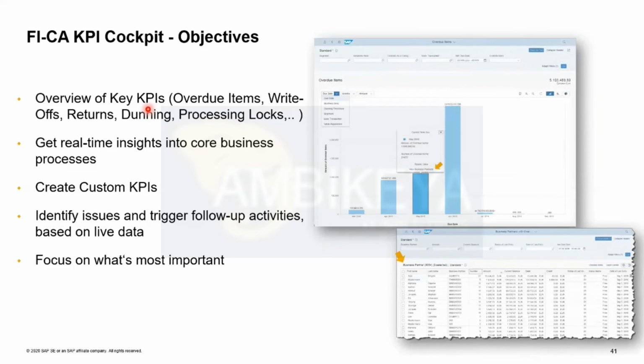With this bunch of apps, you get really a real-time insight into several core processes of FICA. You can create your custom KPIs, and you can check follow-up activities which you triggered here.